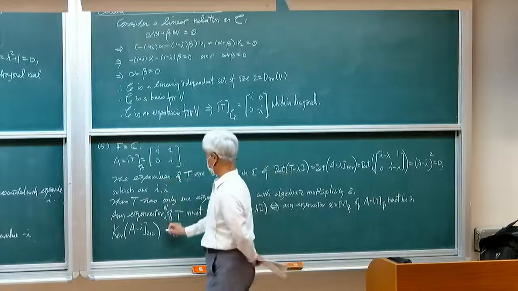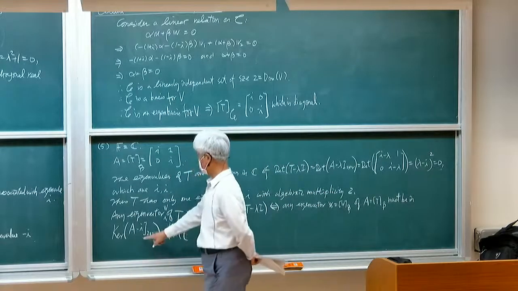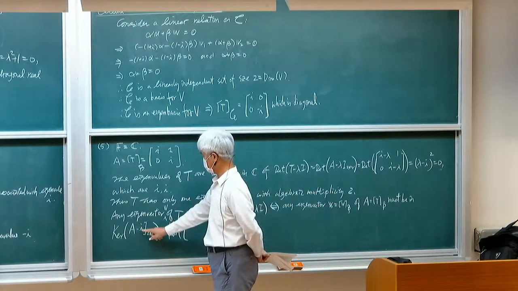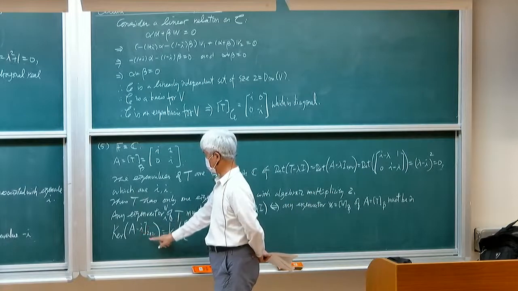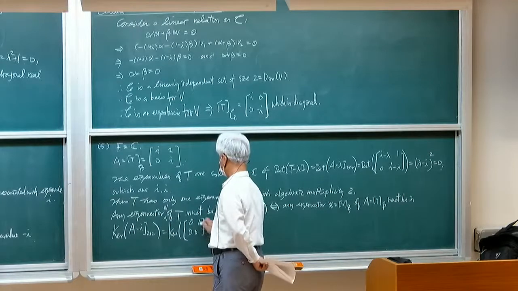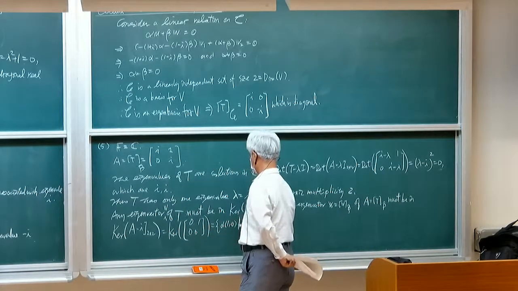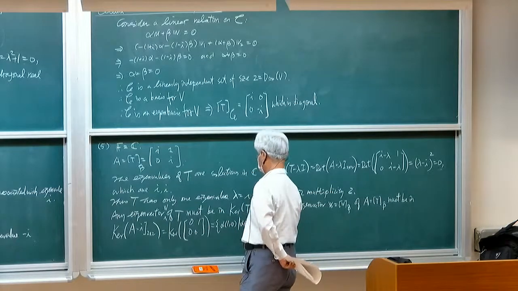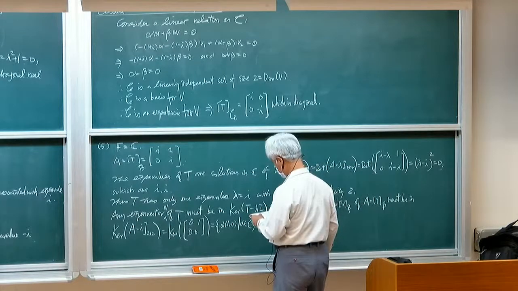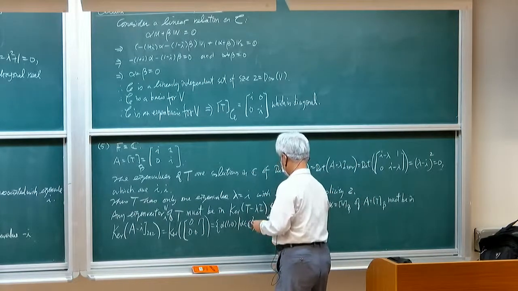And so the matrix A minus i times the identity 2 by 2 becomes 0, 1, 0, 0. So the dimension of the kernel is 1.